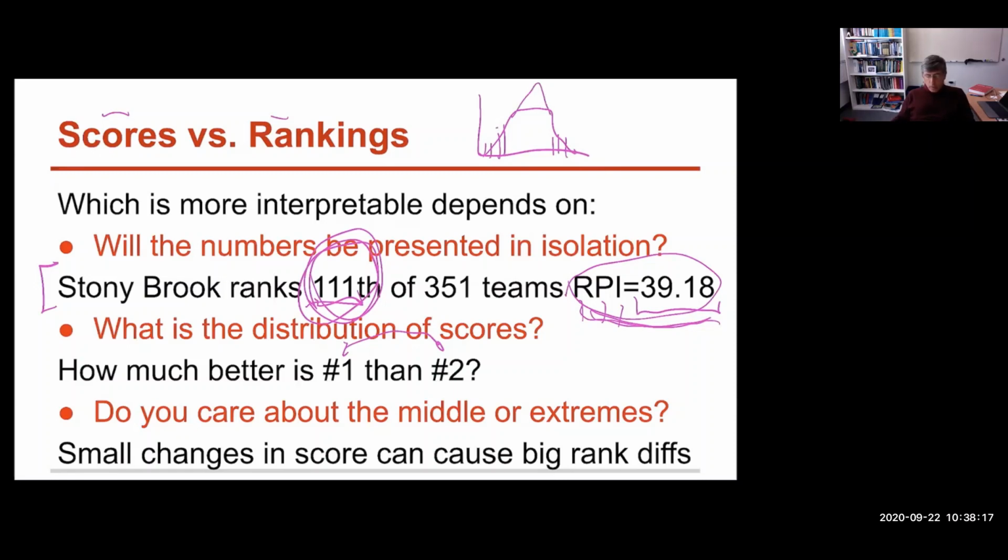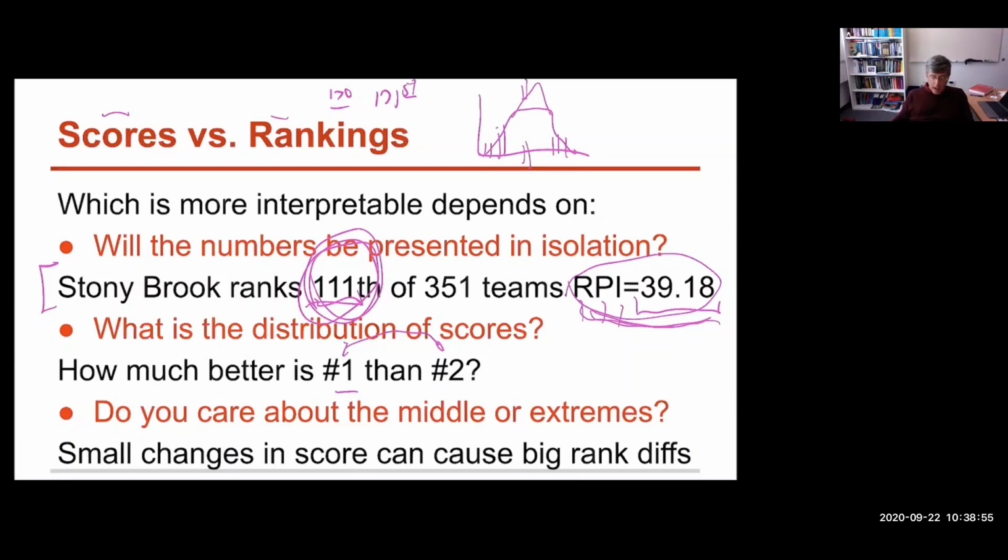Do you think there's a bigger difference between the first and the second ranked team, or the 170th and the 171st ranked team? Typically, with a bell-shaped distribution, you would expect that for teams ranked in the middle, there's very little to tell them apart.